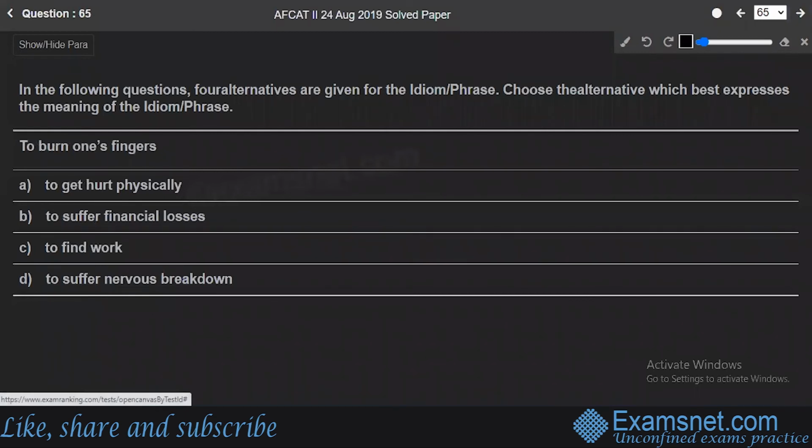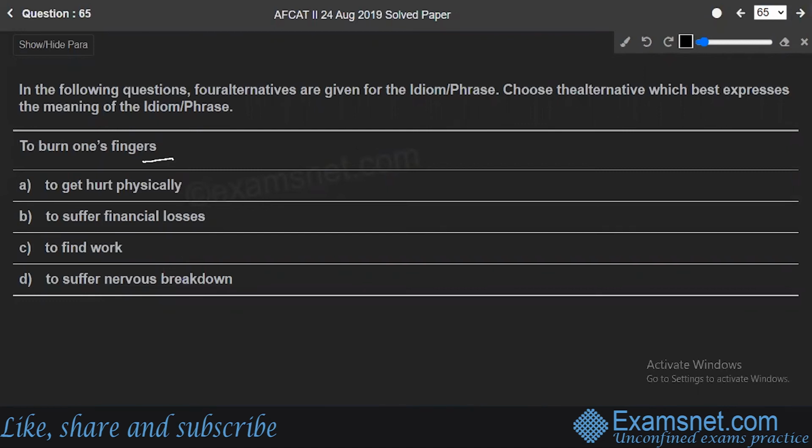Question number 65. To burn one's fingers, and the given options are to get hurt physically, to suffer financial losses, to find work, to suffer nervous breakdown. To burn one's fingers, see, this is an idiom, so it doesn't mean to get hurt physically.